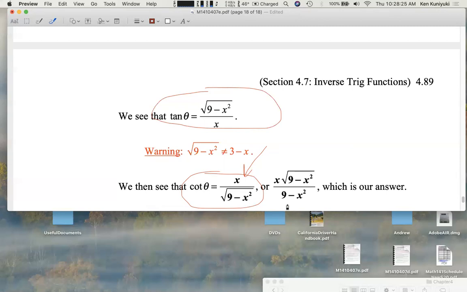Now here, a lot of students would try to rationalize the denominator. Actually, I don't recommend that. Generally speaking, this expression here would be considered simplified. If the radicand down here is variable, we actually tend not to try to rationalize the denominator.